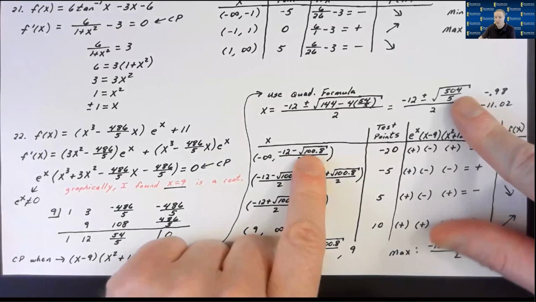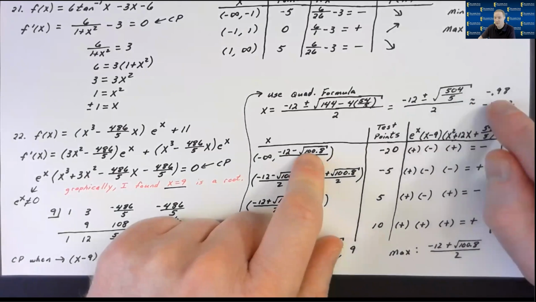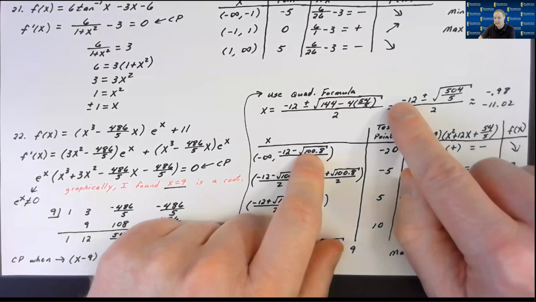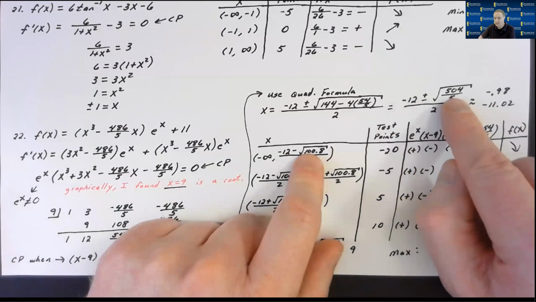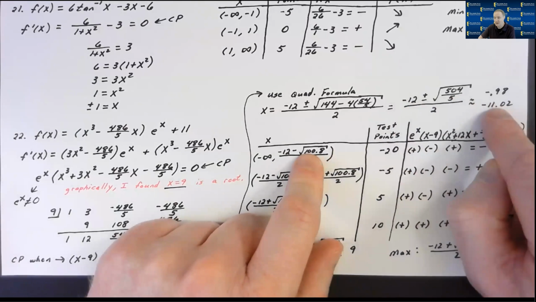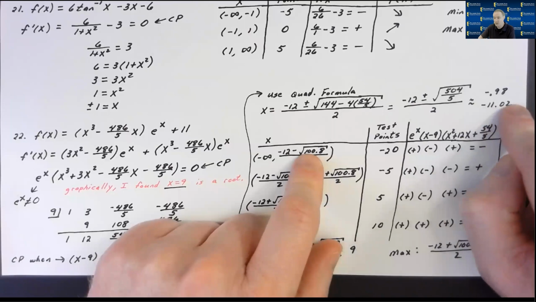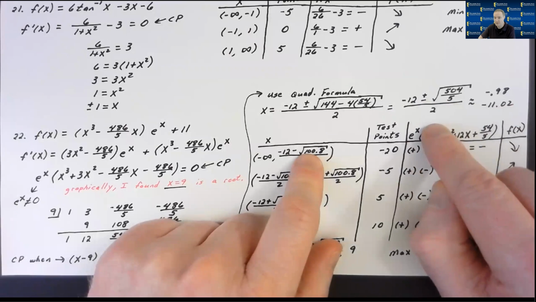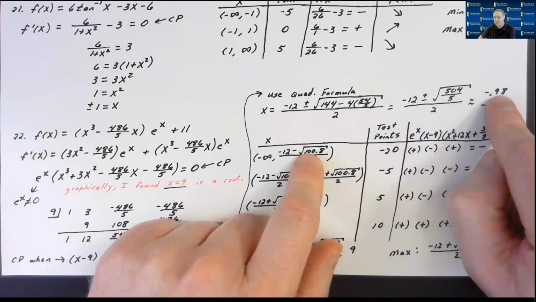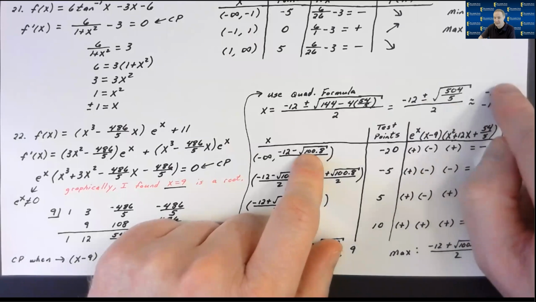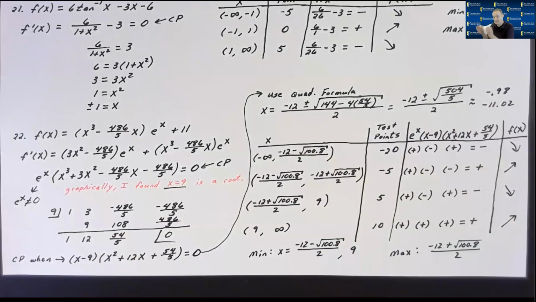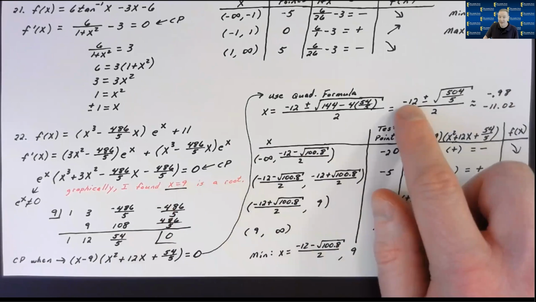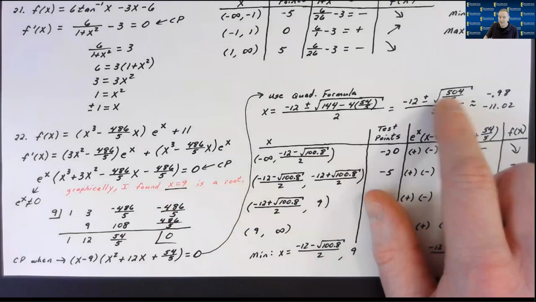And just to get an idea of where these are at, now Achieve does not want a decimal approximation, but I went ahead and did negative 12 minus the square root of 100.8 all over 2, and I got approximately negative 11.02, and then I did negative 12 plus the square root of 100.8 all over 2, and I got approximately negative 0.98. So that just enabled me to see where these align up with my 9. Clearly, the most negative critical point is the negative 12 minus this square root.